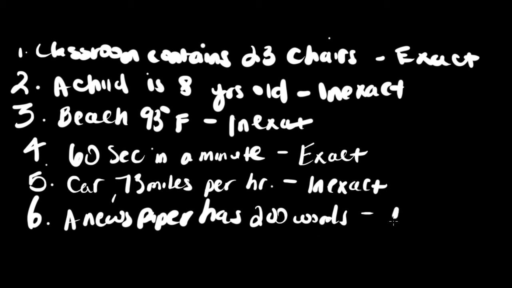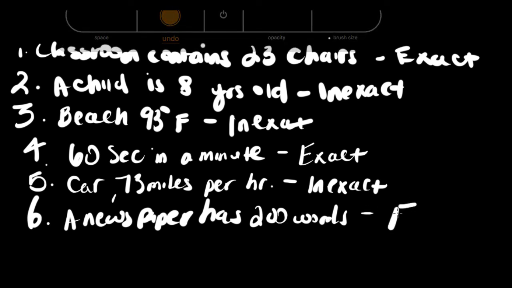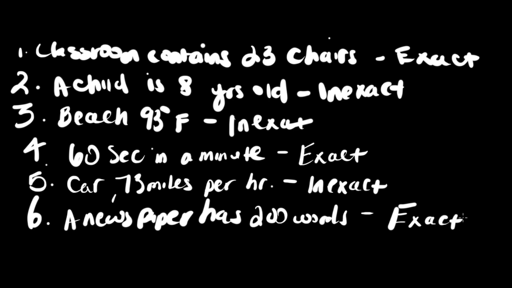If you said exact, you're correct. It's an exact number because it's not only a whole number, though don't rely on that, but also because you can't have 200.2 words in a newspaper. There's no way you can have a decimal in the amount of words in a newspaper. It's not possible.